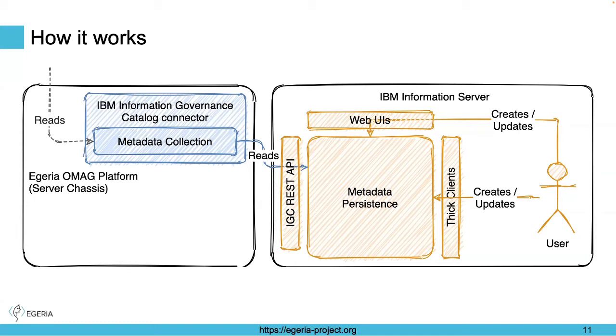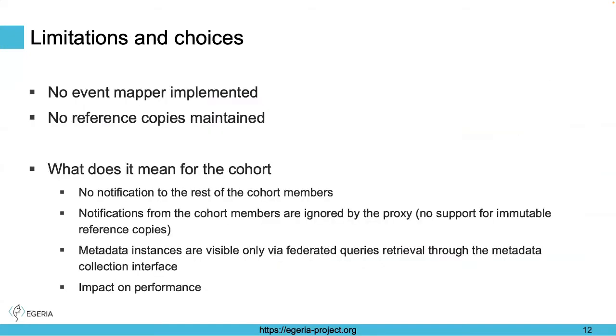Again, this is because the third-party technology, this IBM suite, does not work well with the concept we know as reference copies. So you are still able to create metadata, but not to have it as immutable metadata, and therefore it cannot comply with this requirement of the protocol.